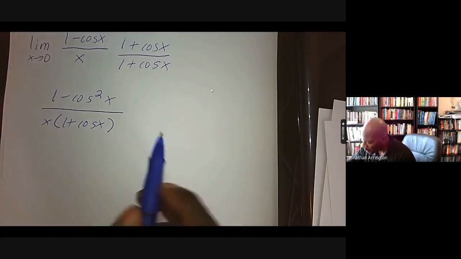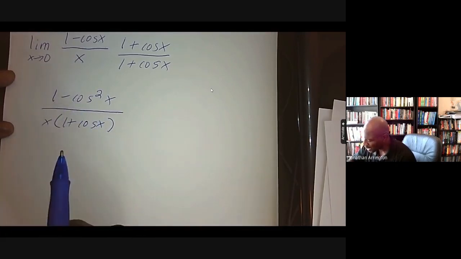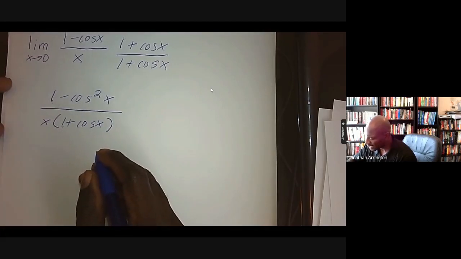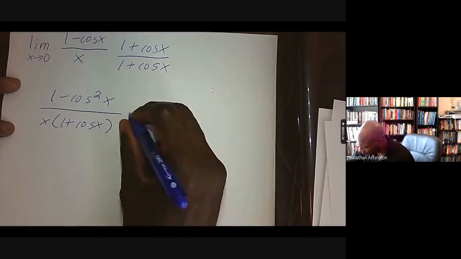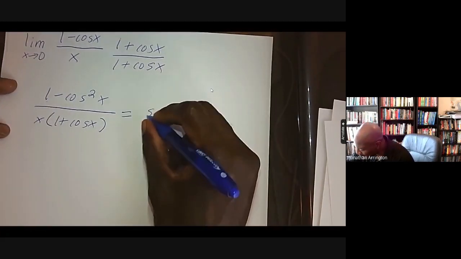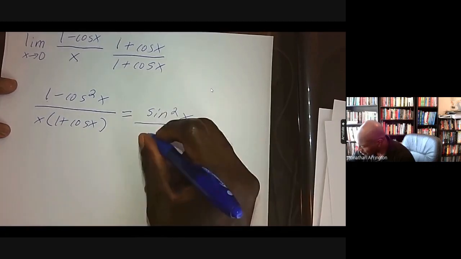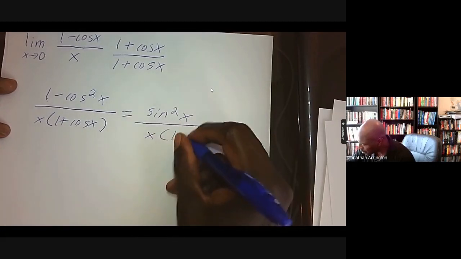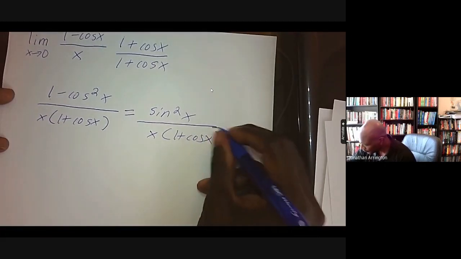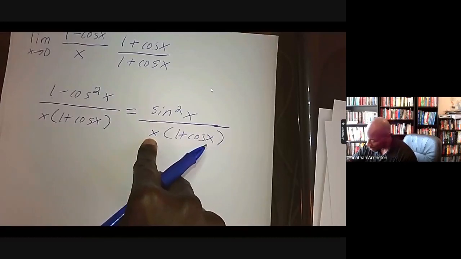So what I can do is this 1 minus cosine squared x, that's the same as sine squared x. So this is sine squared x over x times 1 plus cosine x. Now, I still haven't gotten rid of this x yet, correct?